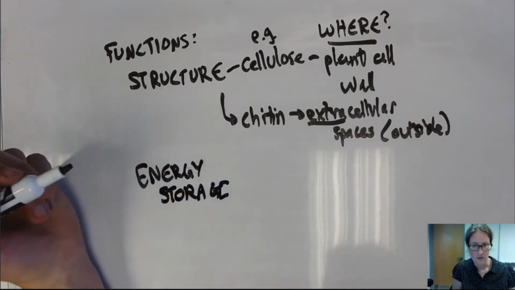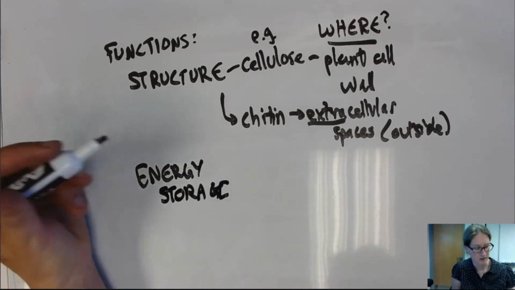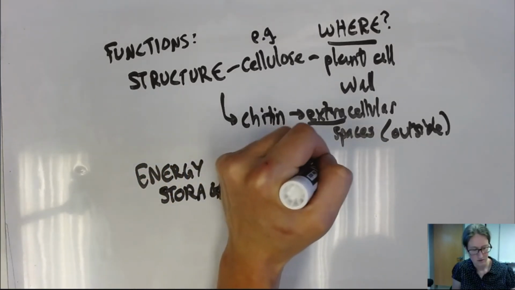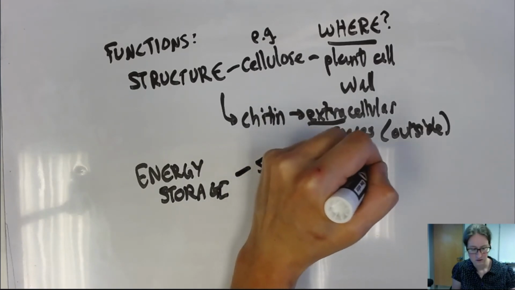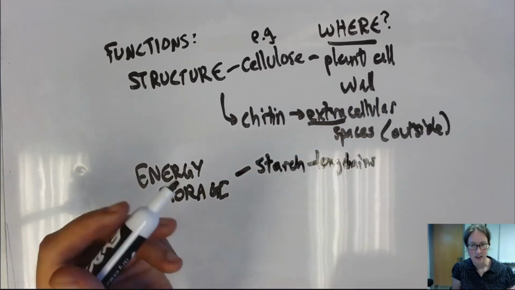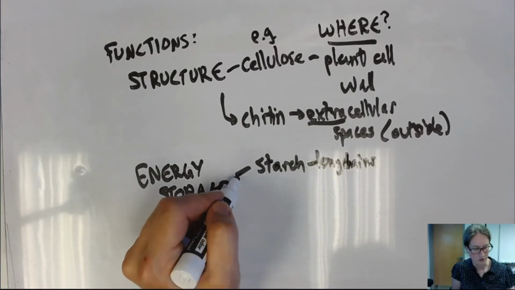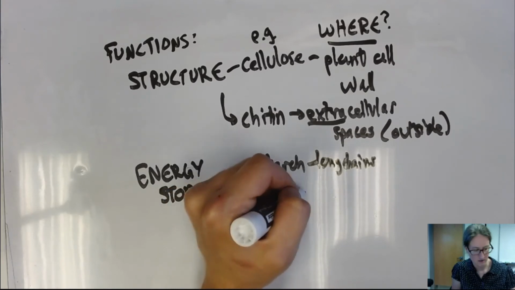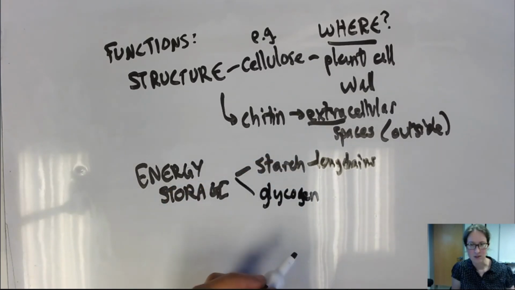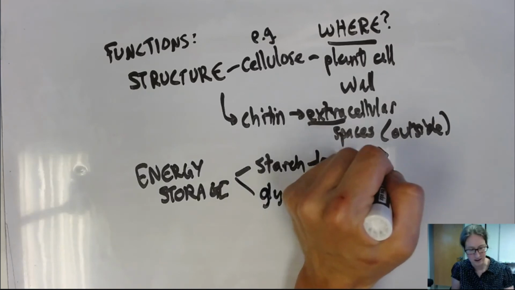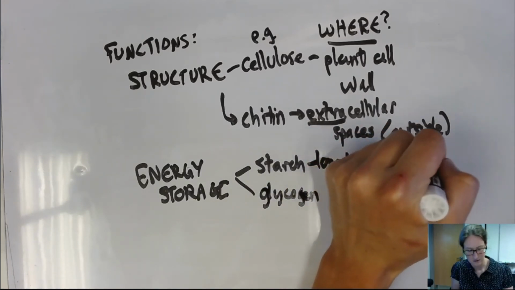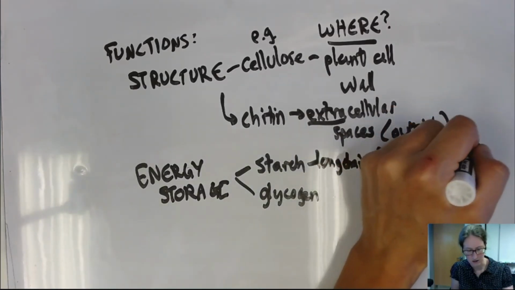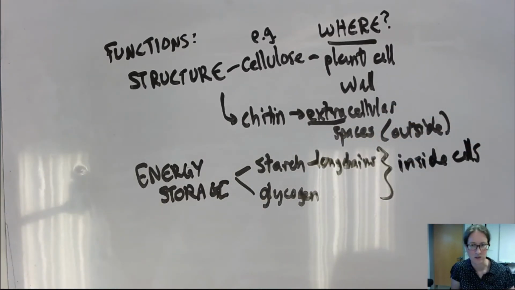So plants tend to store glucose molecules in long chains as starch. And starch has occasional branches, and then animals store glucose molecules in a more branched form known as glycogen. And these are both stored in specific locations inside of cells. And we're going to talk more about that when we talk about cell structures pretty soon.